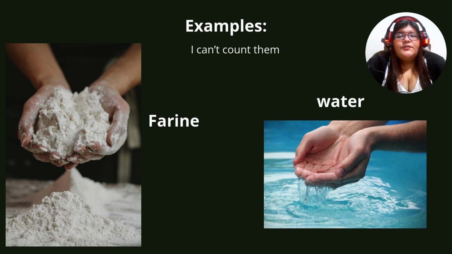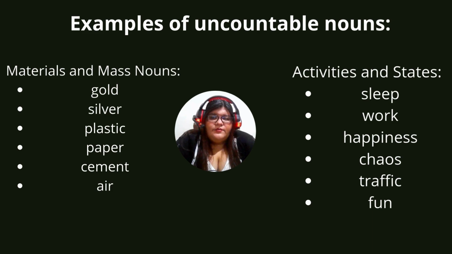Then we have here more examples. I can't count the rain or the water, right? It's impossible to count them. How would you count them? It's impossible. Then we have here more examples of uncountable nouns. For example, materials and mass nouns, right?